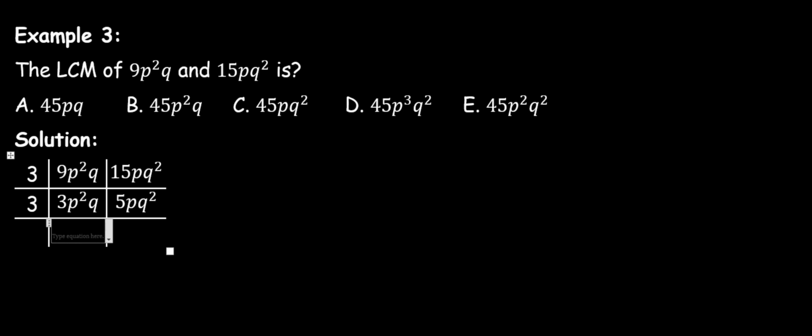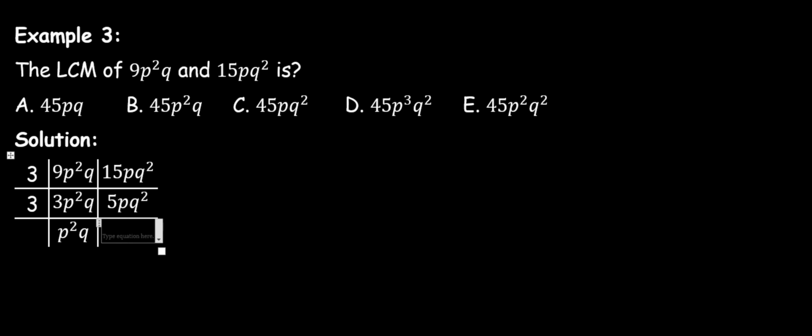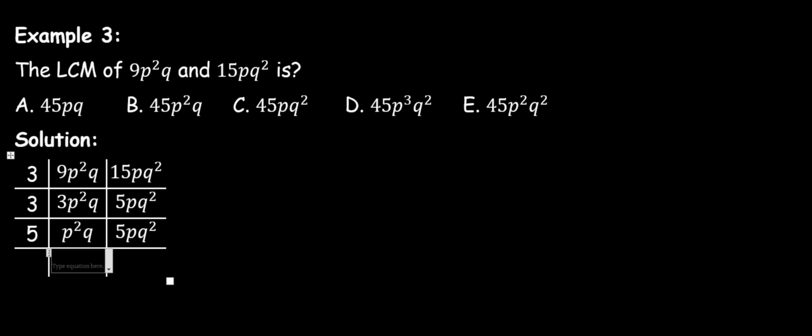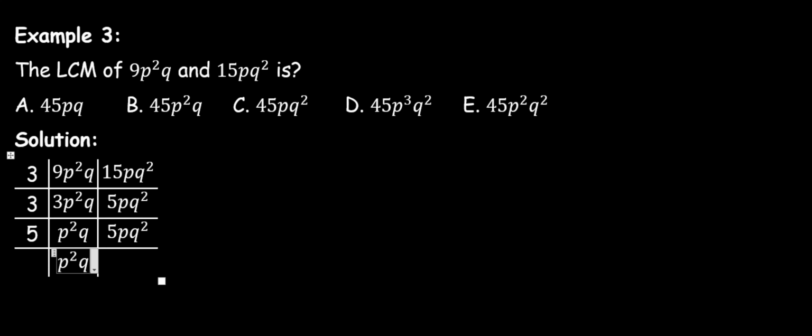The 3 here with p²q will now be gone, and we'll be left with p²q. We just bring down 5pq². Next, we take 5. We bring down the first resultant value p²q. Then 5 divide 5pq², you will now be left with pq². You can see we are through with the numbers. Letters are next.